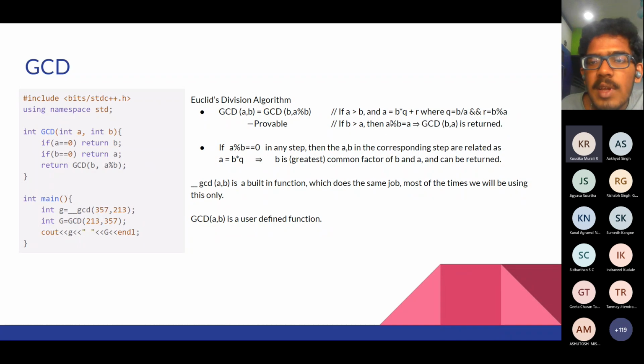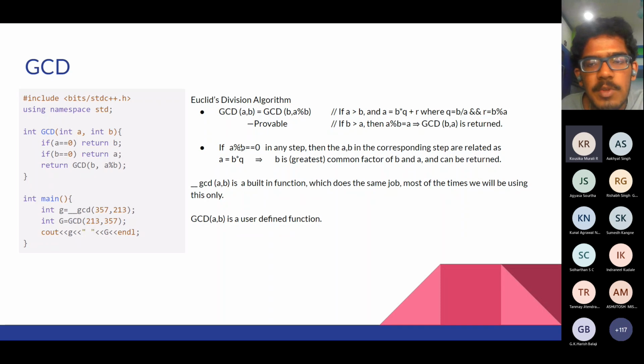And for proof of how this return statement works, if A is greater than B, you return B and the remainder of A, okay, I missed it here. It should be A percentage B. And if B is greater than A, A percentage B will be A itself.